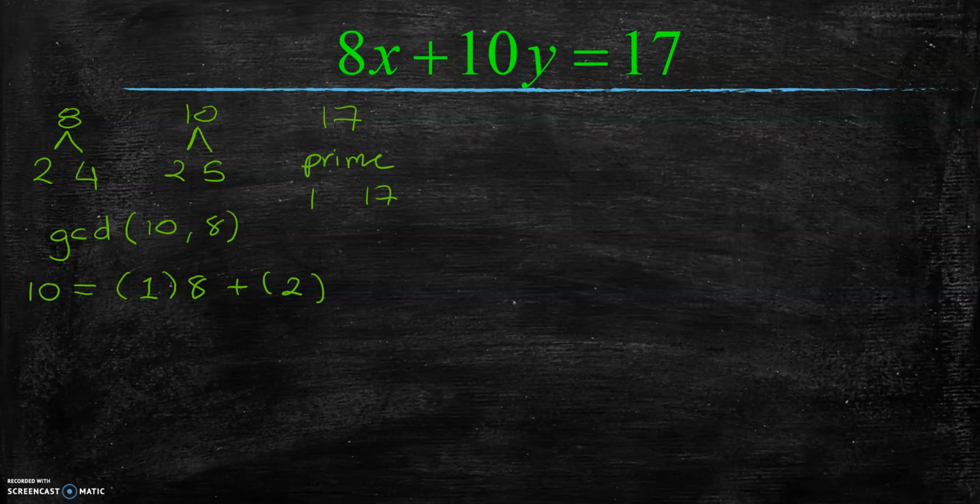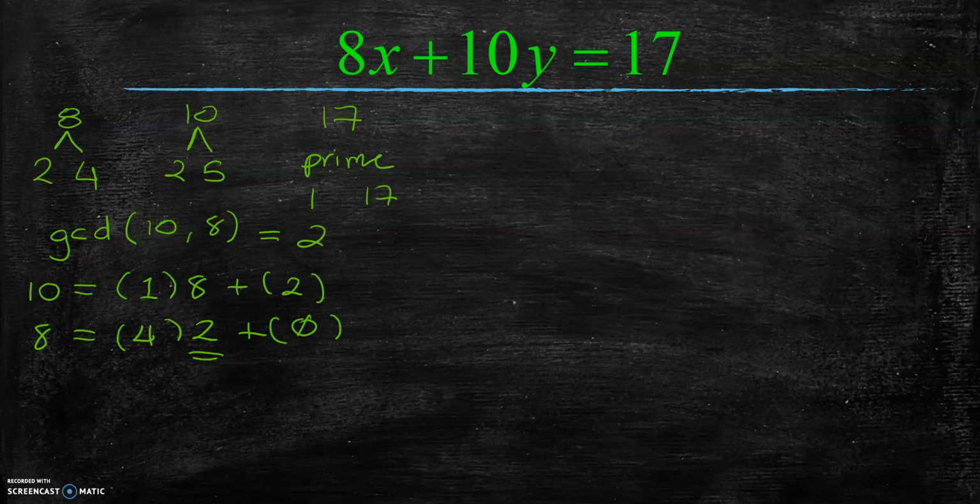And we'll continue since our remainder is not 0. So now we set 8 equal to some number times 2 plus a remainder. 2 goes into 8 4 times, and that gives us a remainder of 0. Which means that our GCD of 10 and 8 is 2.